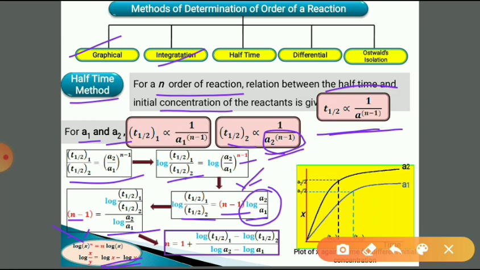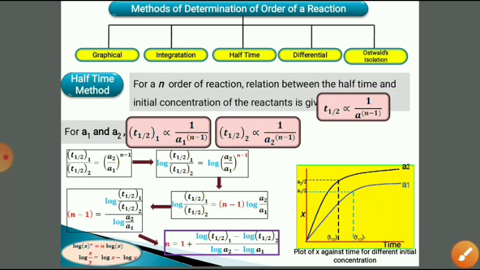Then the minus 1 moves to the right hand side and becomes plus 1, so n equal to 1 plus log of t half 1 minus log of t half 2 divided by log of a2 minus log of a1. So this is the formula from which we can calculate the order of reaction in the form of t half.